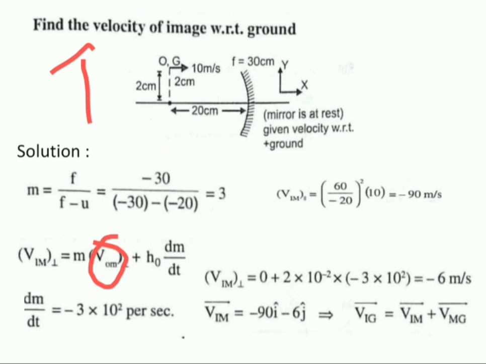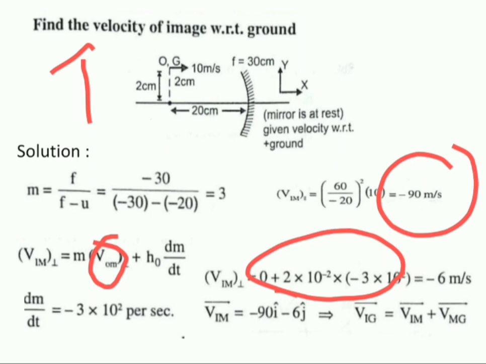So when you multiply both of them, you will get the velocity of the image with respect to the mirror as minus 6. So along the y-axis, the speed is 6. Along the x-axis, it is minus 90. Put together, what will your answer be? Minus 90 i cap, minus 6 j cap. So this is how, depending on the question, you will have to solve and find out both components of velocities.